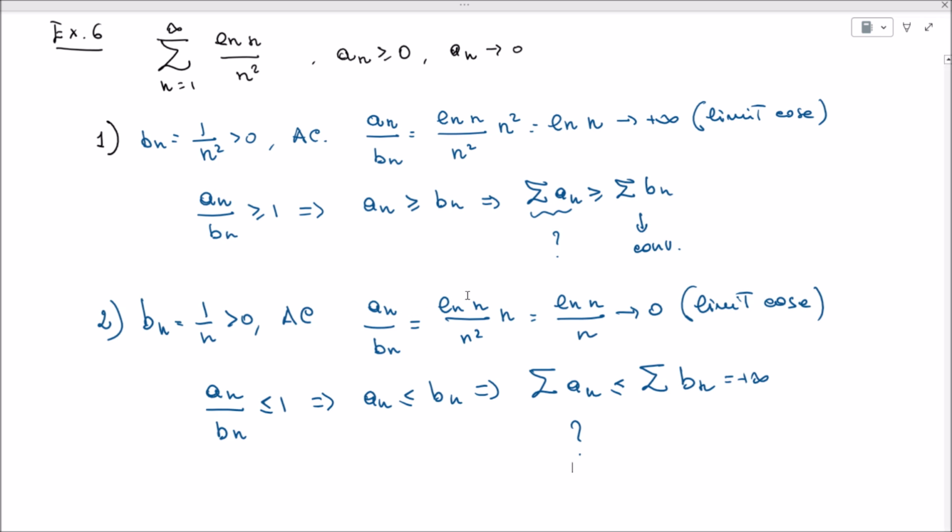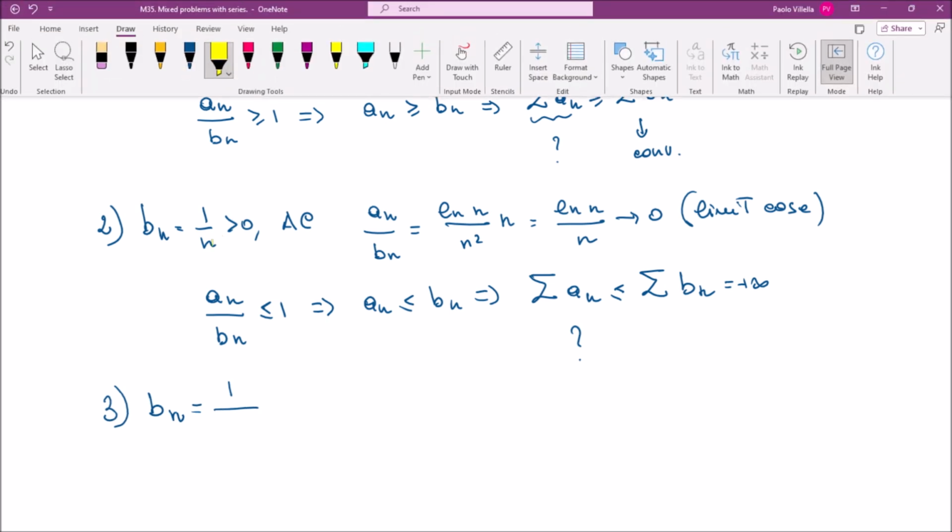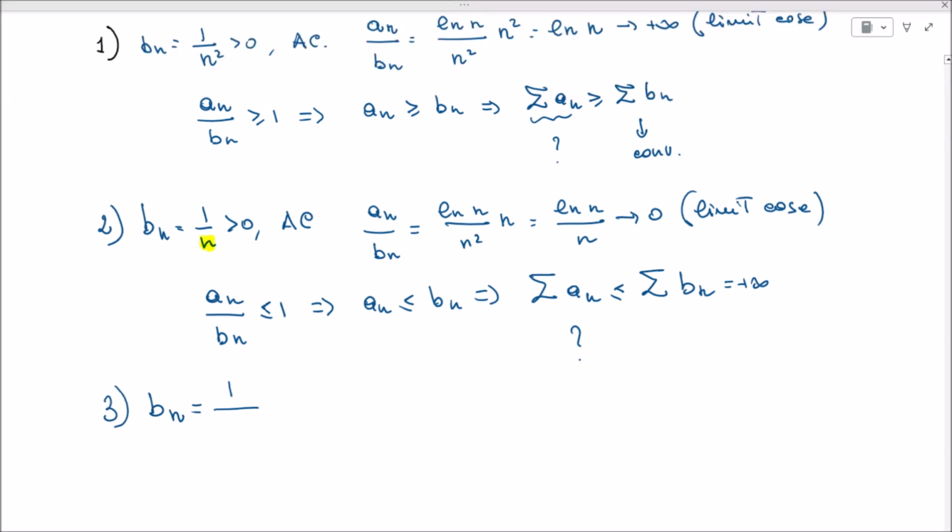So apparently, we need to stay between 1 over n and 1 over n squared. So let's try another sequence, bn equal to... Well, you see that we have made an attempt with n, and we made an attempt with n squared, so we would like to have the exponent of n to be somewhere between 1 and 2, right?